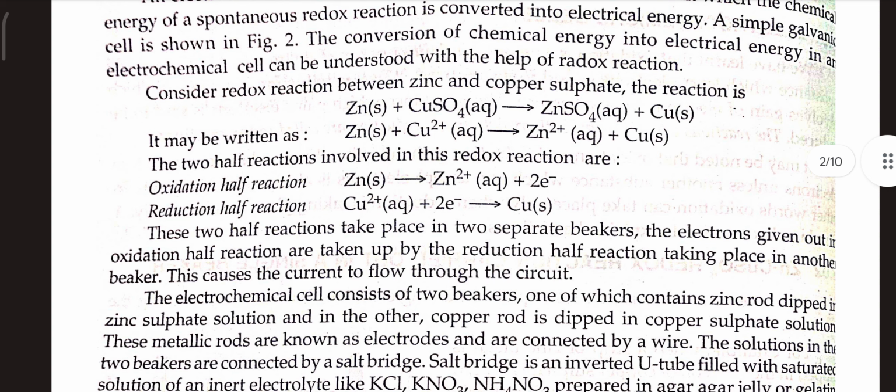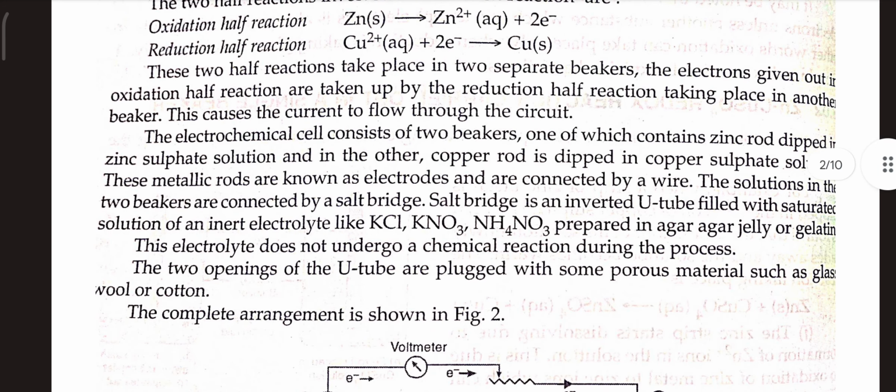The two half reactions involved are the oxidation half reaction, Zn gives Zn2+ plus 2 electrons, and the reduction half reaction, Cu2+ plus 2 electrons gives Cu. These two half reactions take place in two separate beakers. The electrons given out in the oxidation half reaction are taken up by the reduction half reaction taking place in another beaker. This causes the current to flow through the circuit.